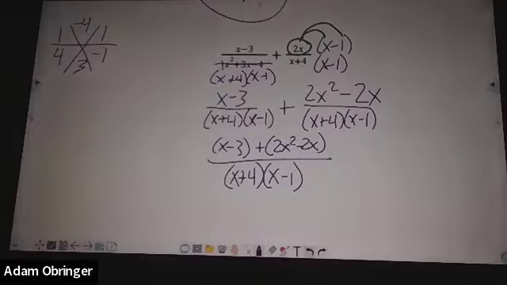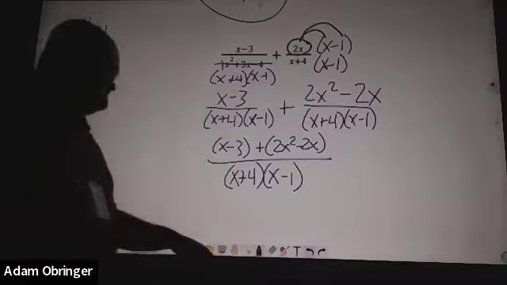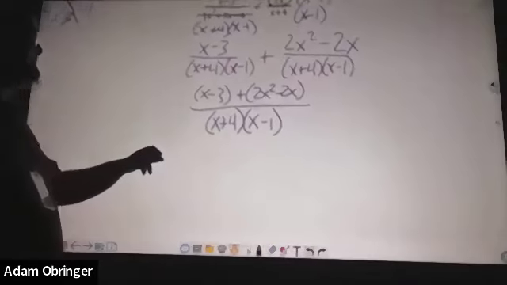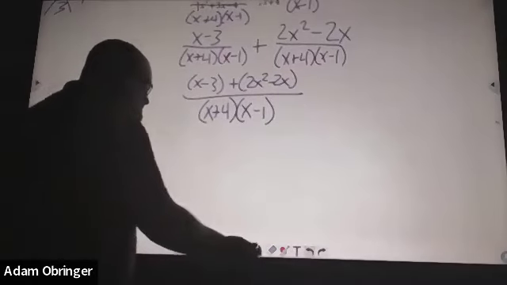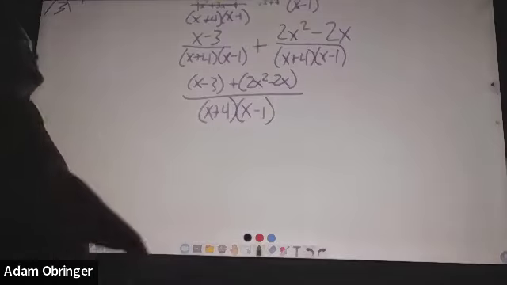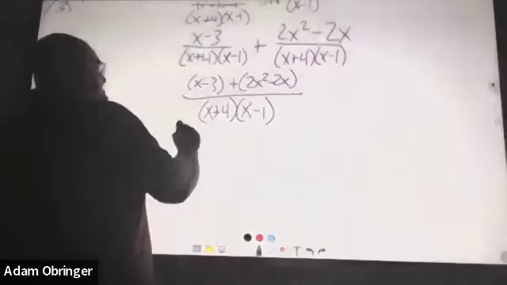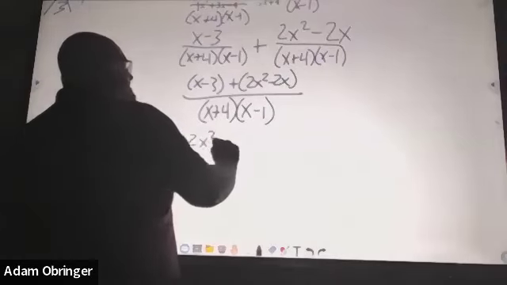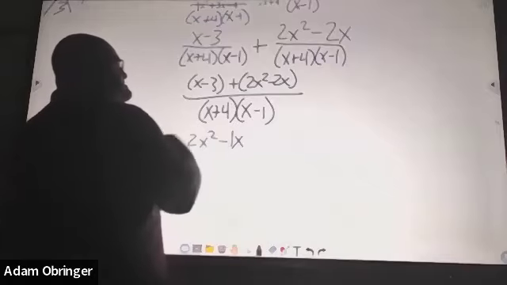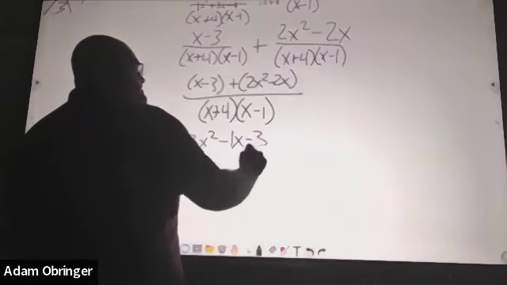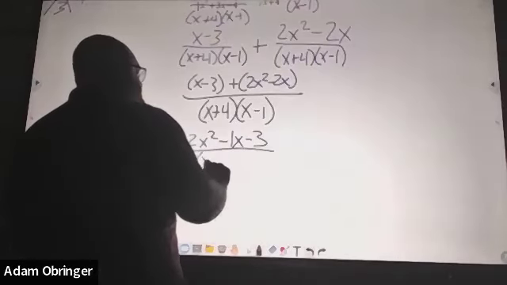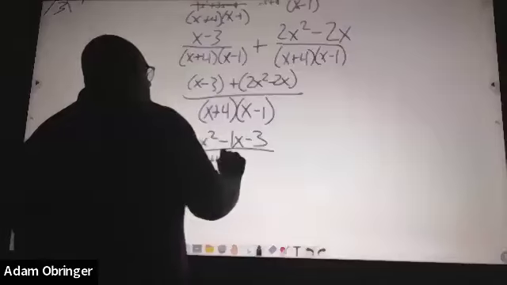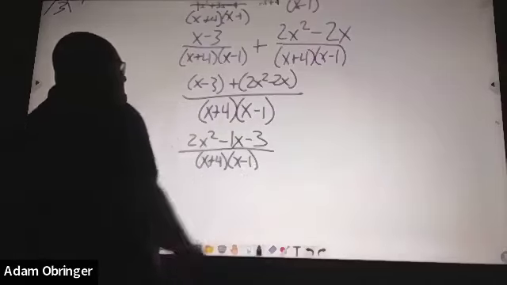All this writing. And since it's an addition problem, I can add my like terms. So 2x squared has nothing in common, so 2x squared. X plus -2x is minus 1x, and -3 carries down with an x plus 4, x minus 1 on bottom.